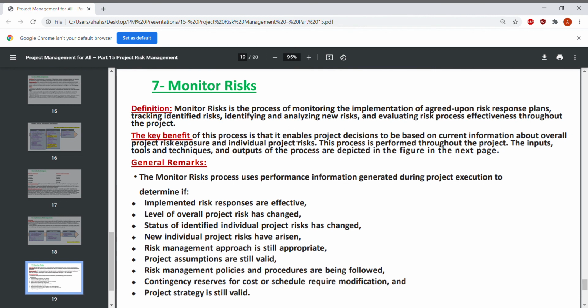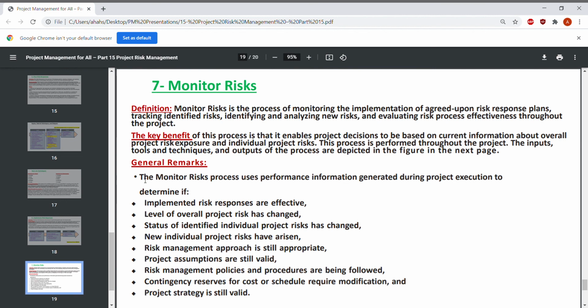The benefit is that it enables the project decisions to be based on current information about overall project risk exposure and individual project risk. And this process is performed throughout the project. The inputs, tools, and techniques and outputs are depicted in the figure on the next page.